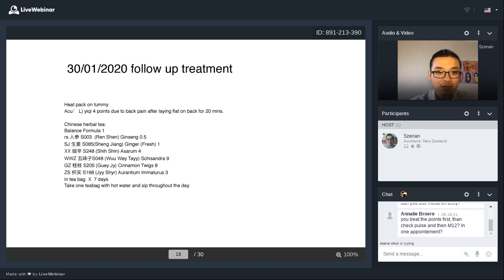This is the herbs. So you see the herbs only 0.5, 1. This is not gram, it's just a very little spoon. 人参、生姜, ginger, 细辛五味子. This is for earth, this is for metal, and this is for liver.